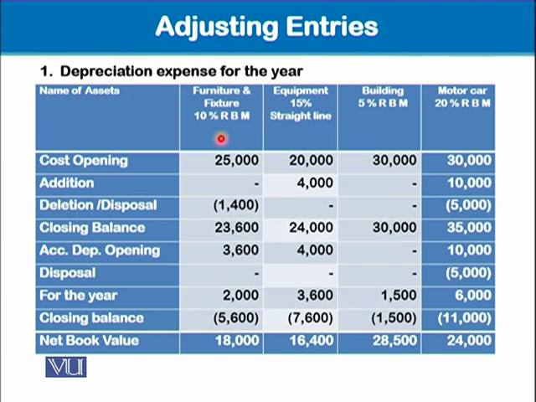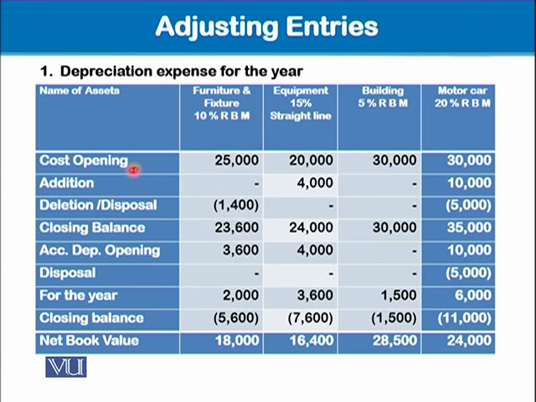These are in fact the four assets which were appearing in the trial balance. I'll advise you to please open your booklets in which that trial balance is appearing. That should be in front of you, please. And also your calculators should be ready, and obviously notepads and the writing device.